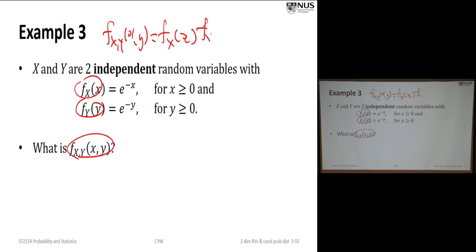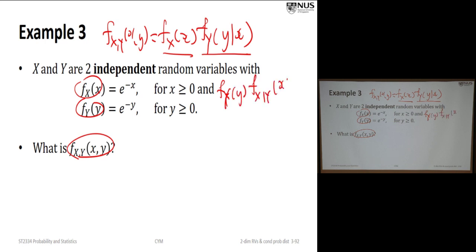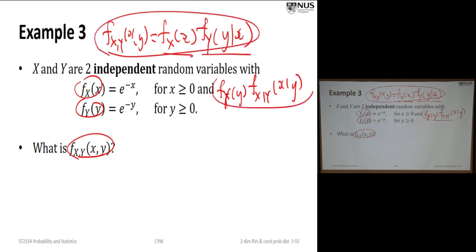We need this: the marginal of x times the conditional of y given x, or the other way around, f of y times f of x given y. Okay? So this holds for any situation.